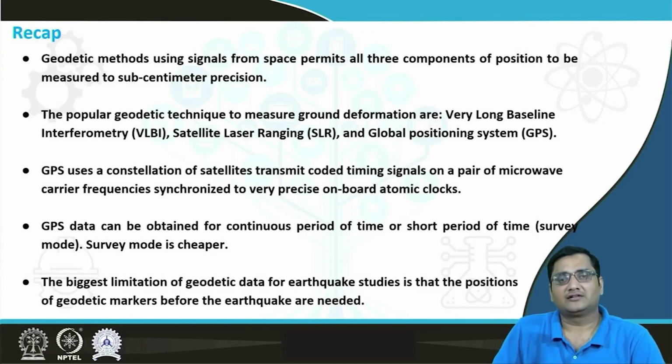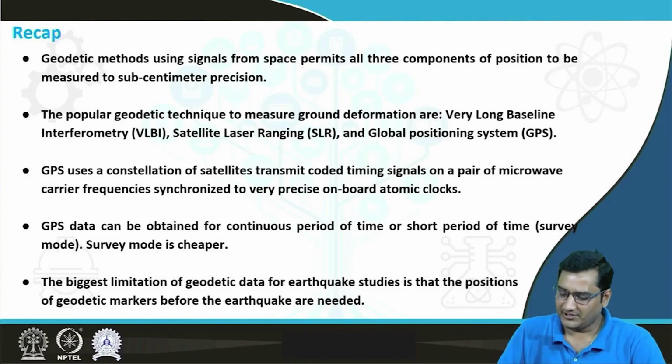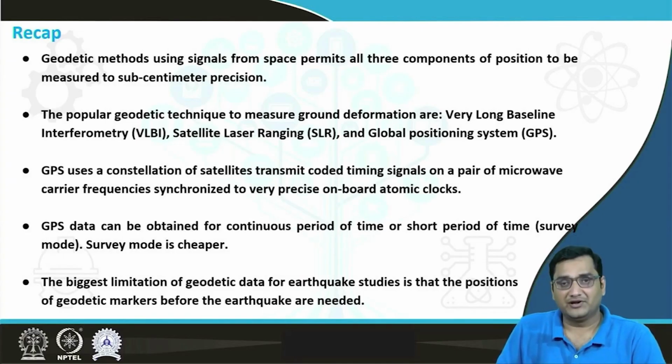GPS uses a constellation of satellites that transmit coded timing signals on a pair of microwave carrier frequencies that are synchronized to very precise onboard atomic clocks. The GPS data can be collected in two modes. One is the continuous mode, another is the survey mode.